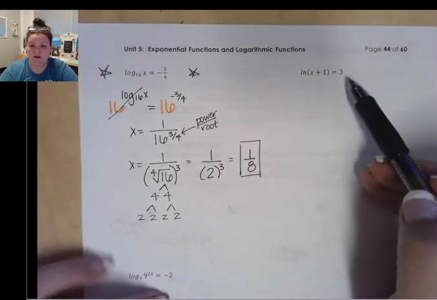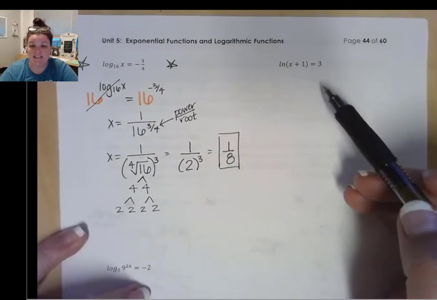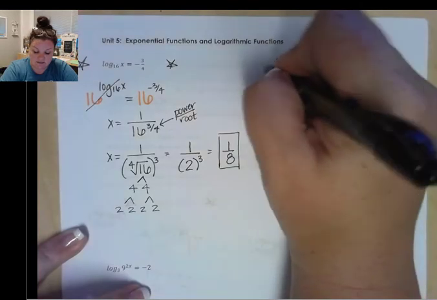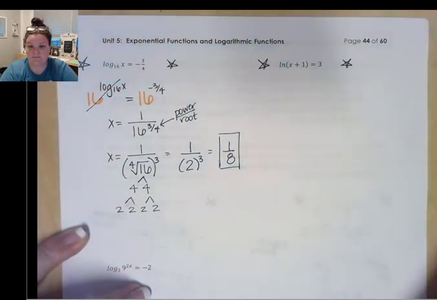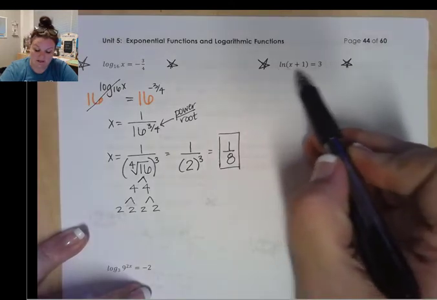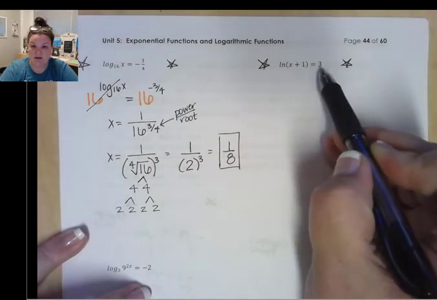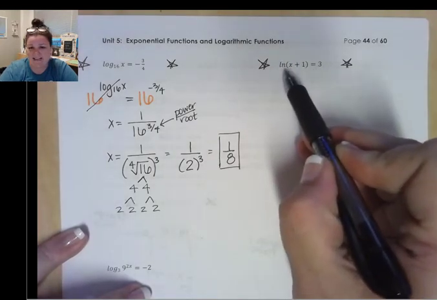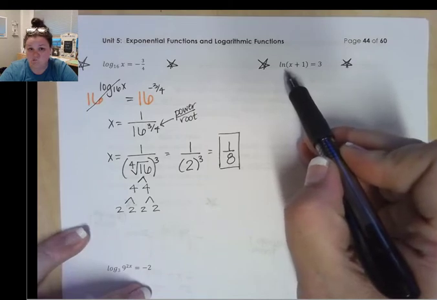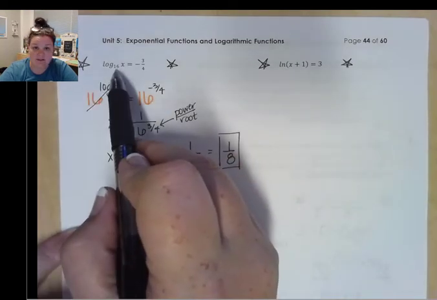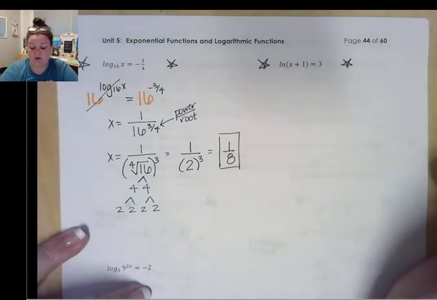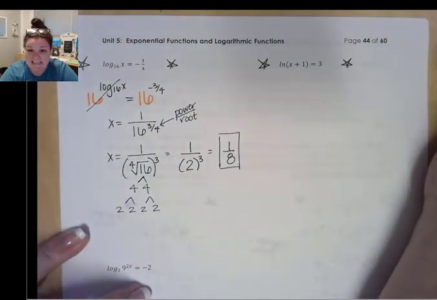This one on the top right-hand side of the page, I see it's a log equation. So I'm going to go ahead and put my stars. And now I need to change forms because the log is already isolated. It's equal to a number. Now, what is my base here if it's an ln? Right? There's not a little number written there. So ln, remember, is log base e.